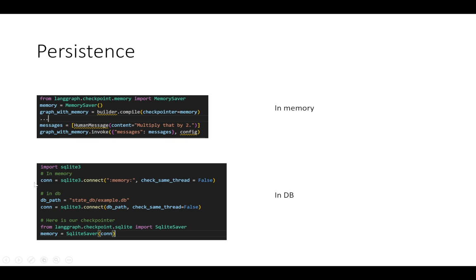For this database persistence, you have to make a connection to the database, use the SQLite saver, and give that connection. Now use this memory in your subsequent checkpointer. When you give this memory, which is SQLite saver, it will go to the database. I have an advanced video on this persistence to database in LangGraph. You can see that also; it gives more details on this.